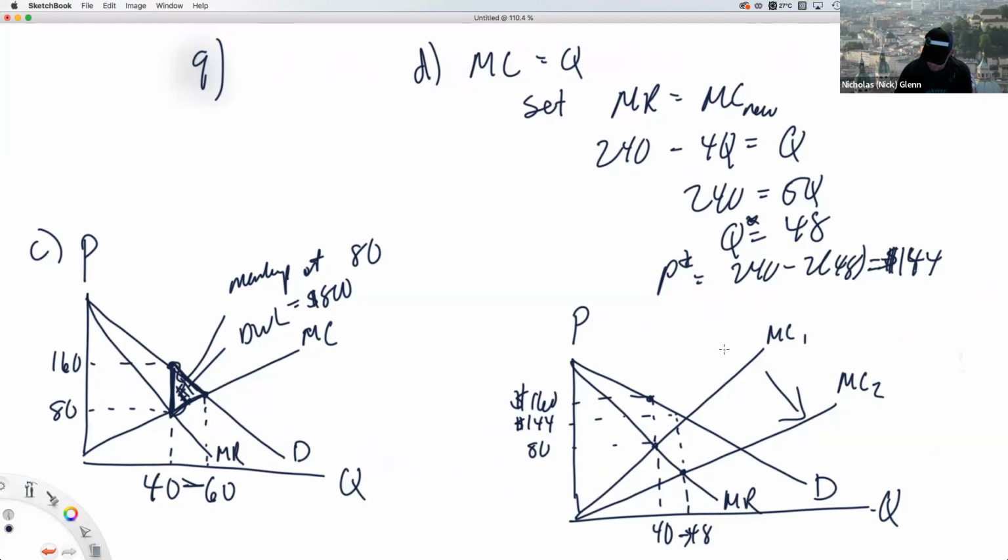The surplus went from right here to all the way increased to right here. There's a big increase in total surplus. It's always a win whenever firms can produce something more efficiently. Okay. All right. Anything else? No, that's okay. So that's it for a monopoly.